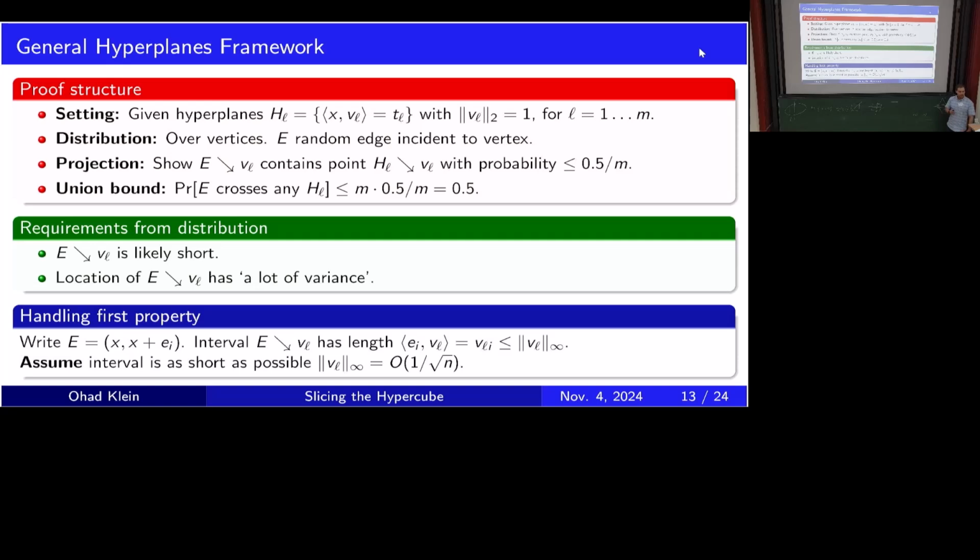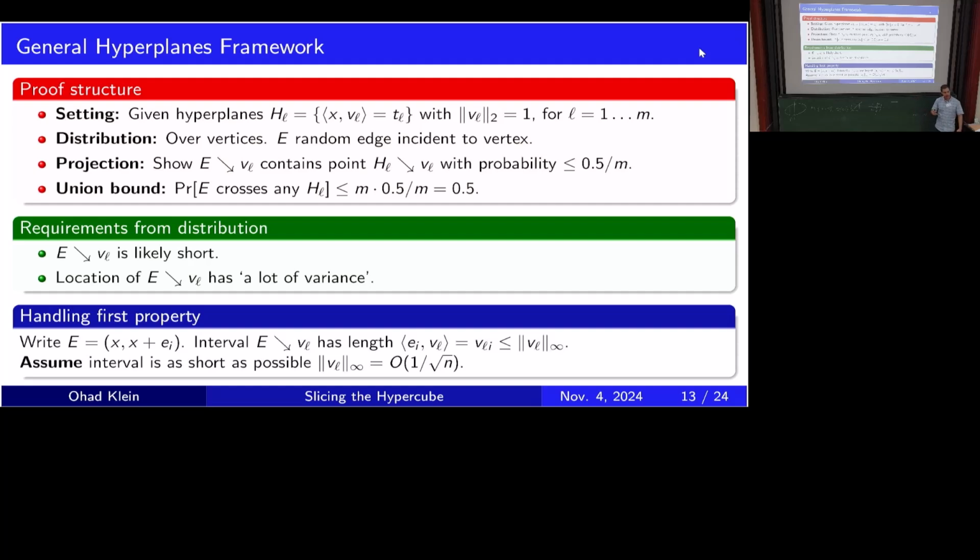Right, so what we need to do is to show that the variance of the location of the vertex projected on the normal vector is larger than 1. And it makes sense because the cube is quite large, right?